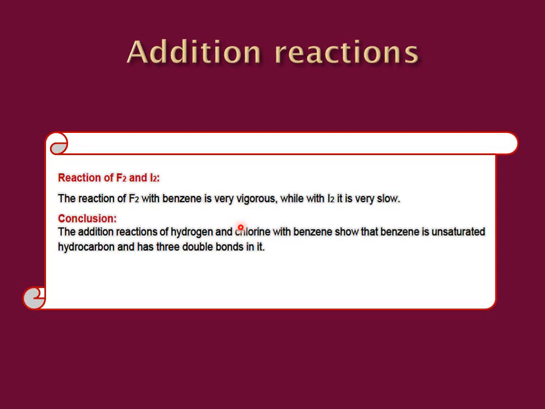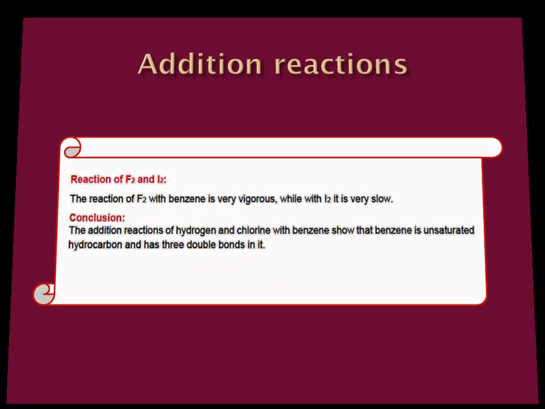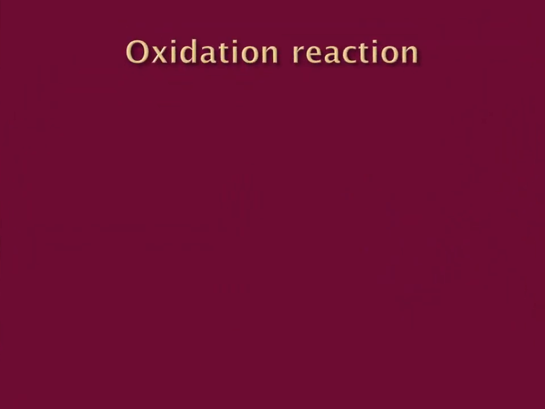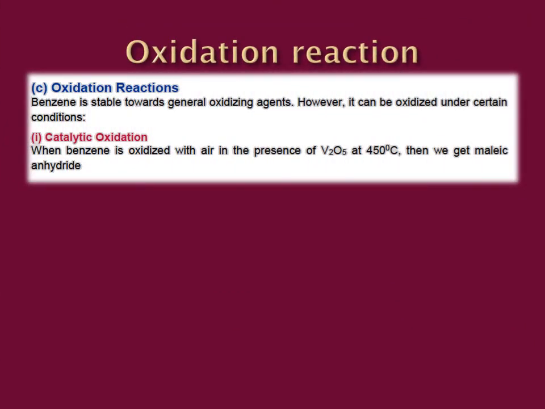Now students, we are going to study the oxidation reaction of benzene. Benzene is stable towards general oxidizing agents. However, it can be oxidized under certain conditions. For example, catalytic oxidation. When benzene is oxidized with air in the presence of vanadium pentoxide at 450 degrees Celsius, we get maleic anhydride.